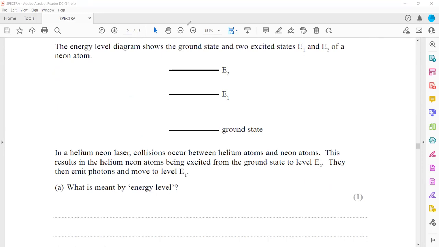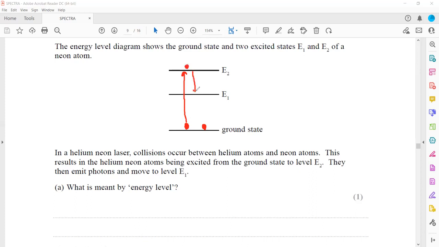So basically what happened? First, the atoms are in the ground state. We can say ground state for the atom as well, or we can also say it for the electron. It won't make a difference, because if the electron is excited, we can also say the atom is excited. So first, they absorb energy, collide with each other, and move to E2.